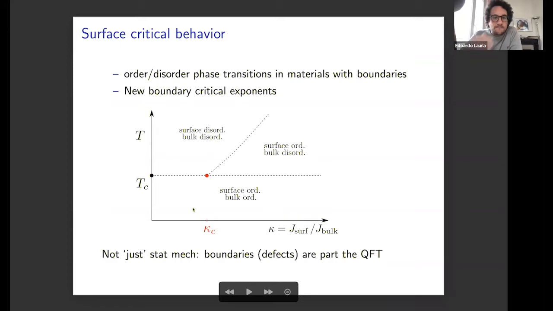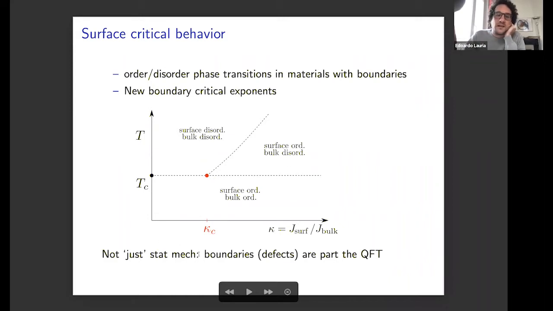This is all real physics, in a sense. The conformal boundary conditions are responsible for these three lines. These three lines are in correspondence with the possible conformal boundary conditions of the 3D Ising model.